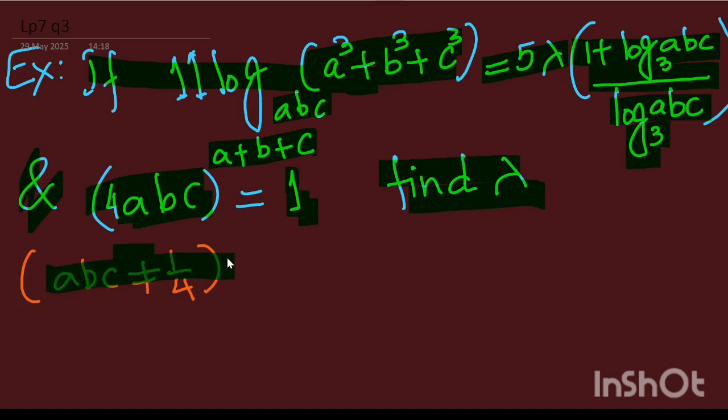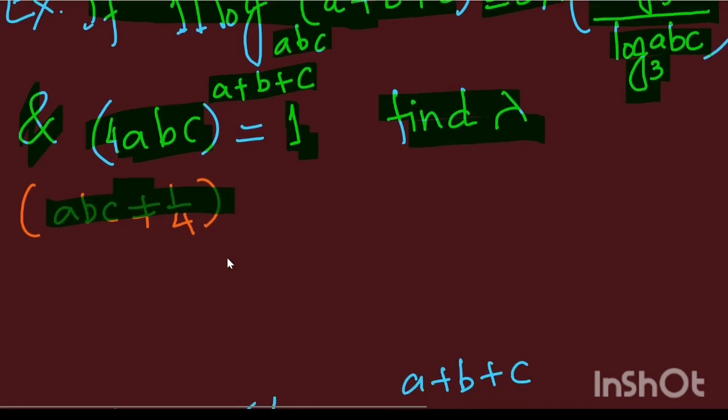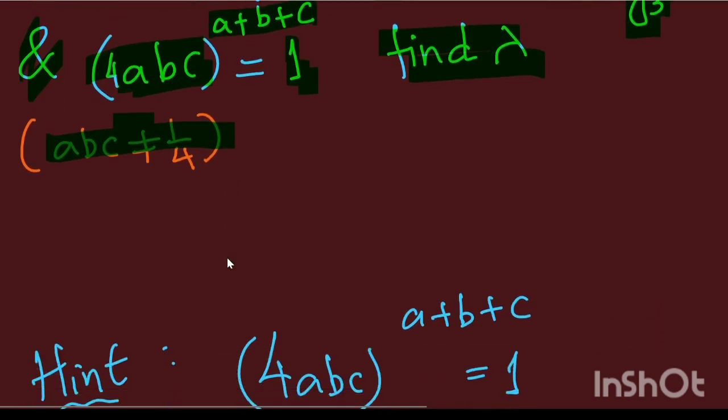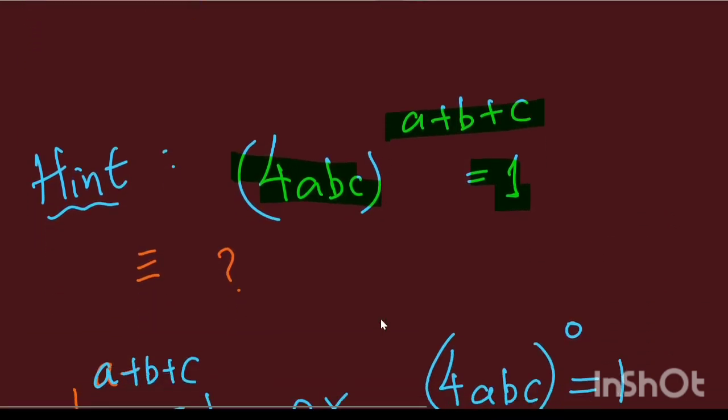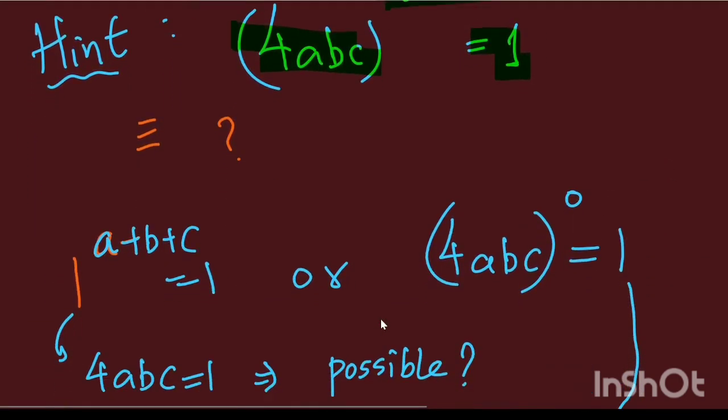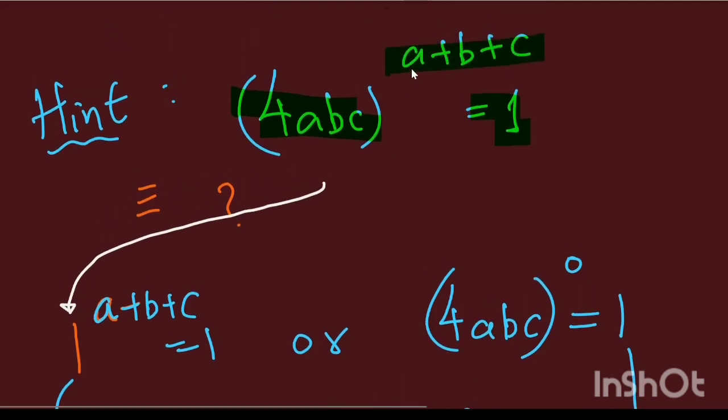So how will we approach this, guys? The hint would be to first try to find the meaning of this: 4abc to the power a plus b plus c is equal to 1. So the meaning of this is either 4abc is 1 or a plus b plus c is 0.